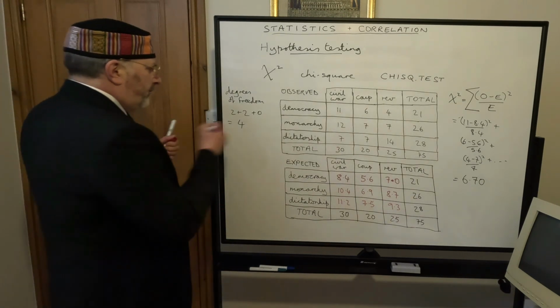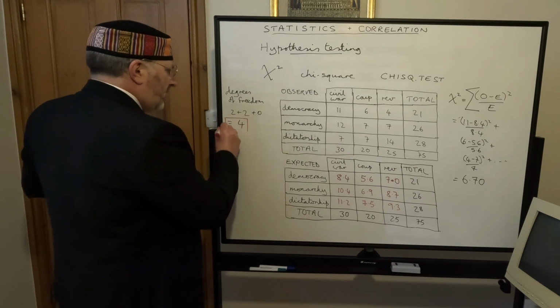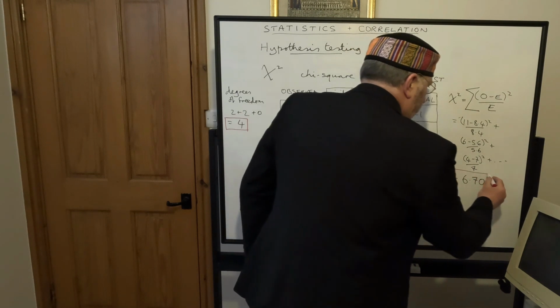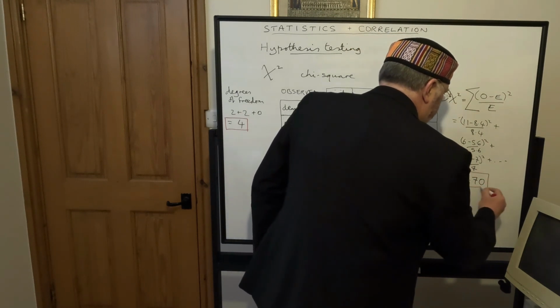So the 2 pieces of information we need are our number of degrees of freedom and our chi-squared statistic.